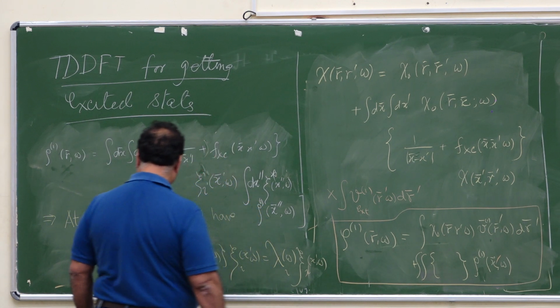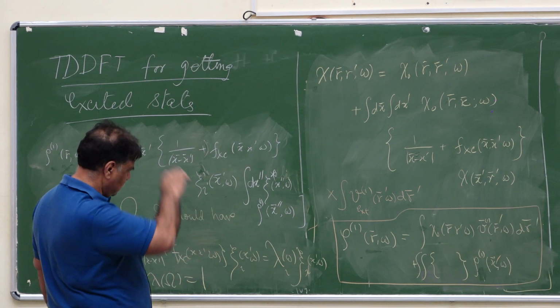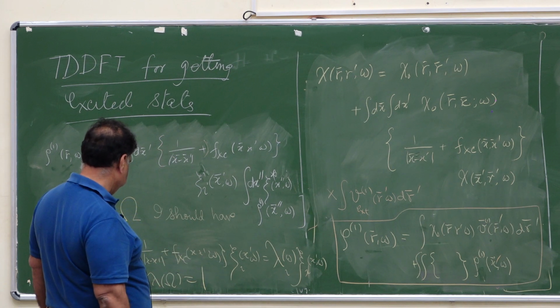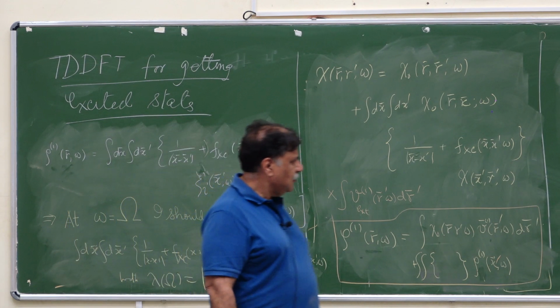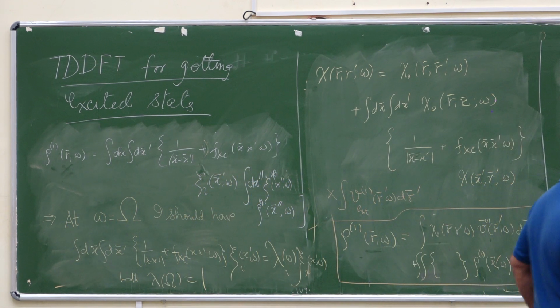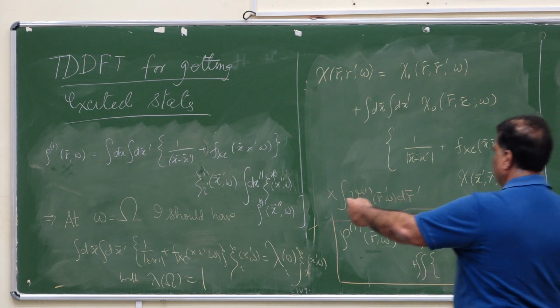I'm integrating over x prime. There's an r somewhere missing. Just one second. The last one was the zeta, and rho 1 was at x double prime. Where is the r? There's an r somewhere missing. Here is the r.